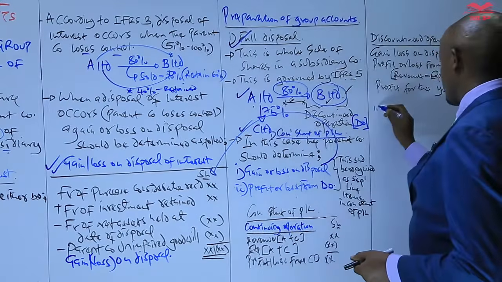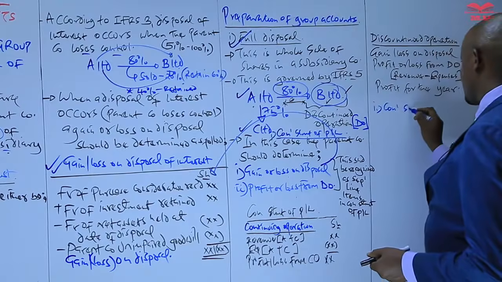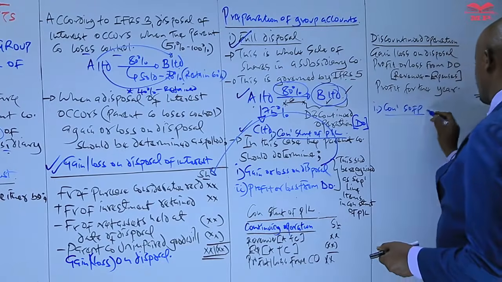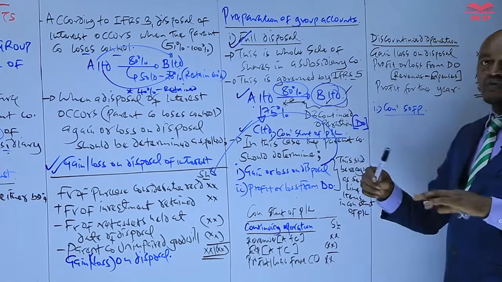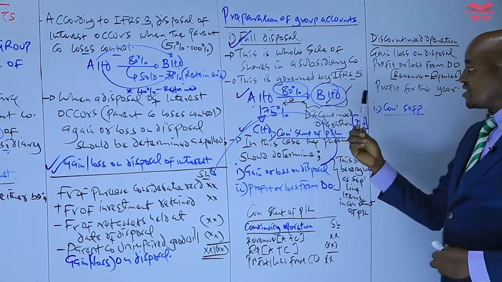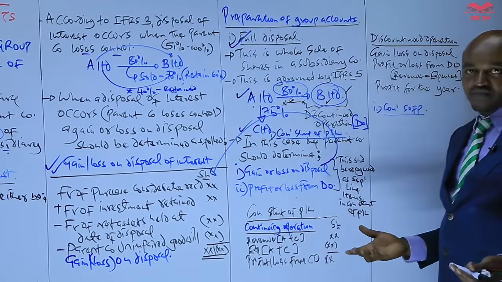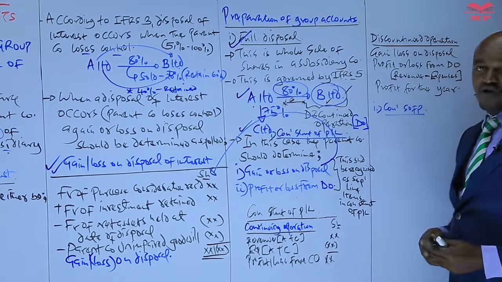So basically, when now preparing the consolidated statement of financial position, at the end of the year, the parent company will have fully disposed its shares in this subsidiary. So the parent company will not be having any control. Equally, there will be no NCI.